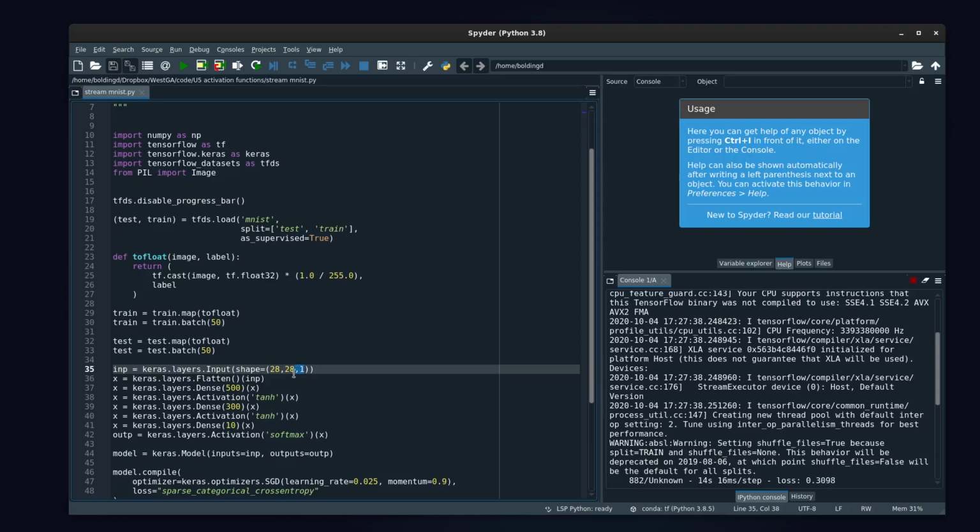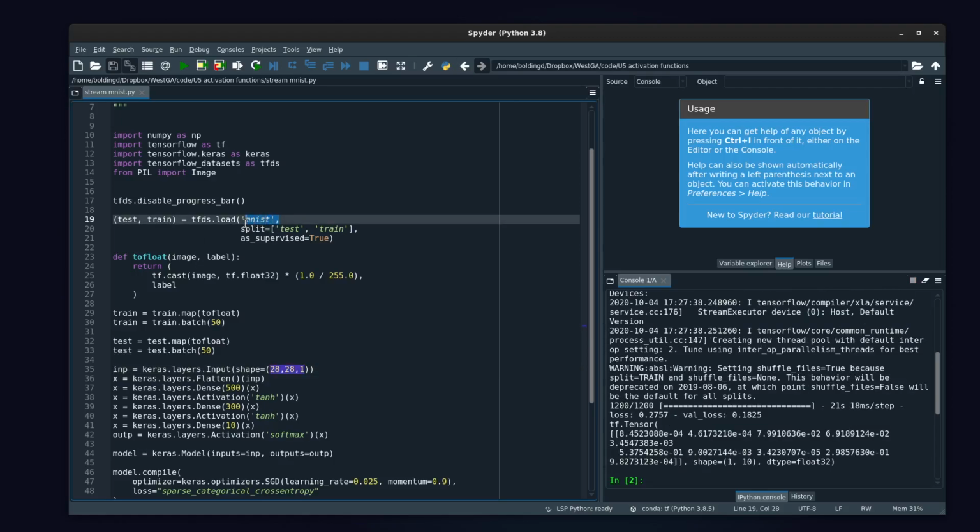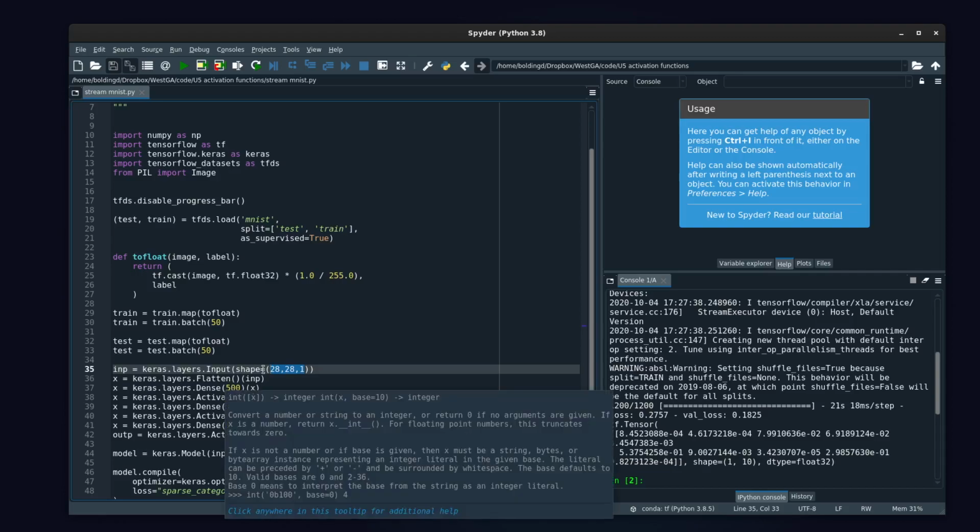Sometimes it only works if you do 28-28-1. This is the one that I expect to work because this is the one that matches the reported dimensions of the MNIST dataset. I have no idea why just that is working for some people and that whole thing doesn't. I think it is somehow architecture OS related, but I don't know.